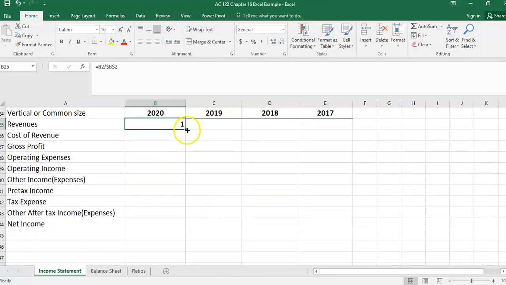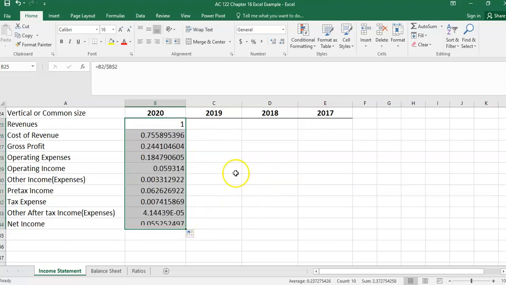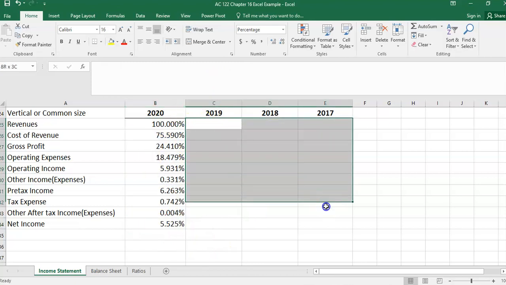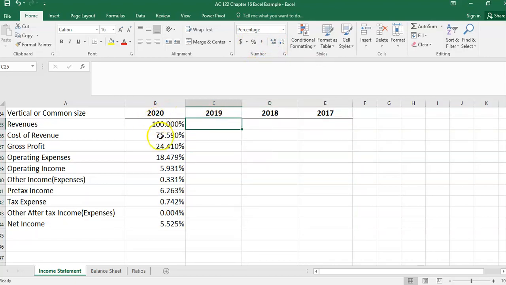Then we can copy that formula all the way down. We're going to change it to a percentage and do at least 2 percentage points out. Format the rest of these cells to be percentages. And we do that for each year.